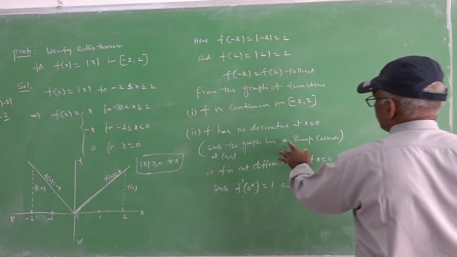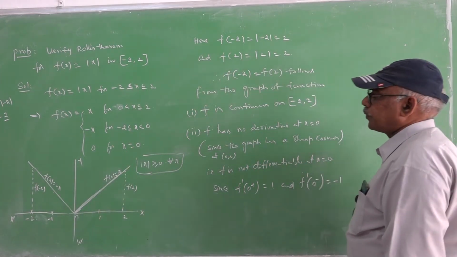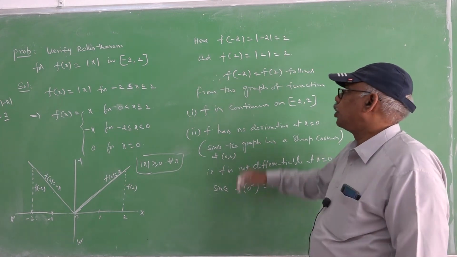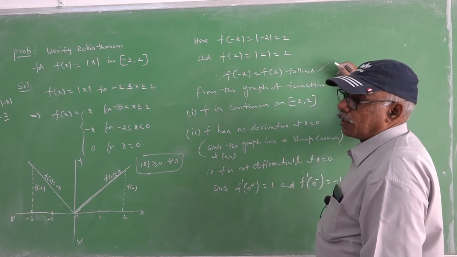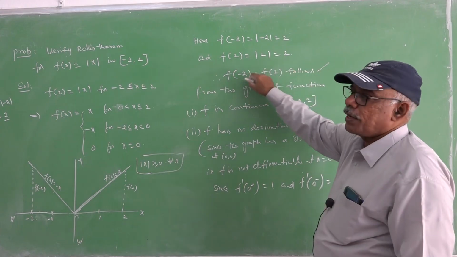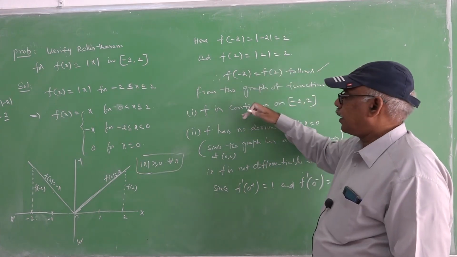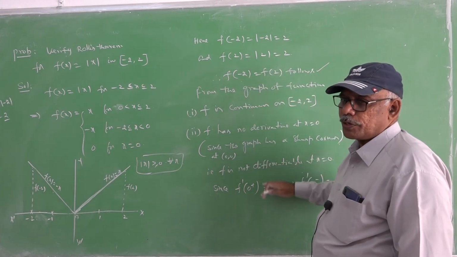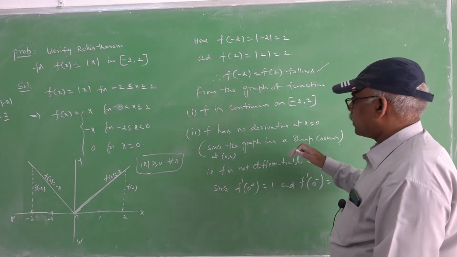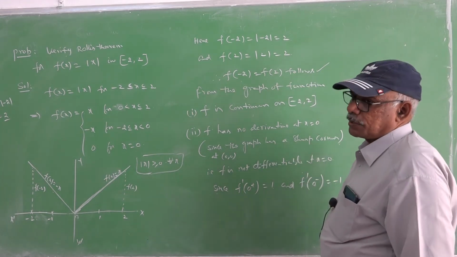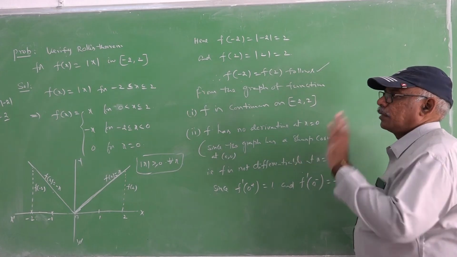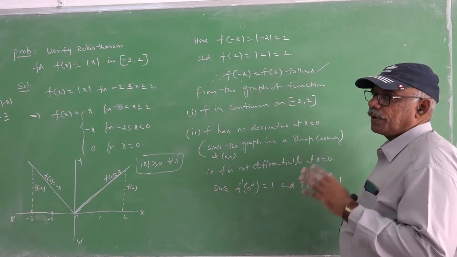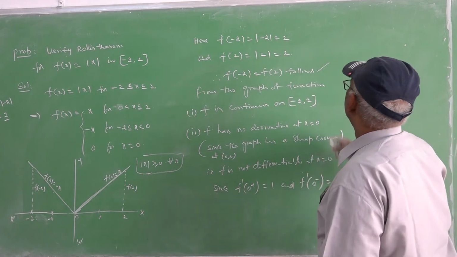f is not differentiable. Out of 3 conditions of Rolle's theorem, 2 followed. The third one, f of a equal to f of b, follows here, and f is continuous but not differentiable at 0. Since it is not differentiable, Rolle's theorem is not applicable to this problem in the interval minus 2 comma 2.